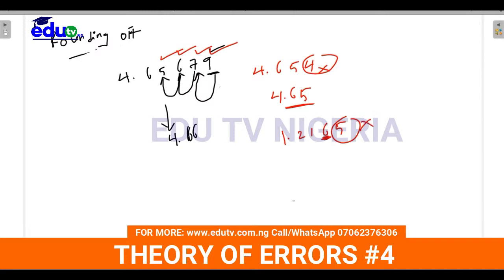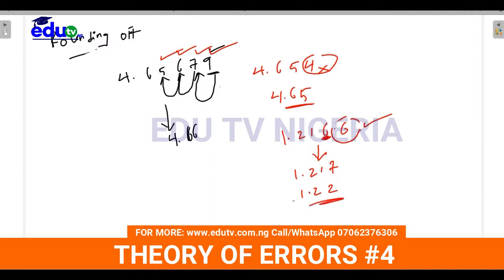If it were 6, then 6 could have rounded it off to 7, so it could have gone this way: 1.217, 1.22.